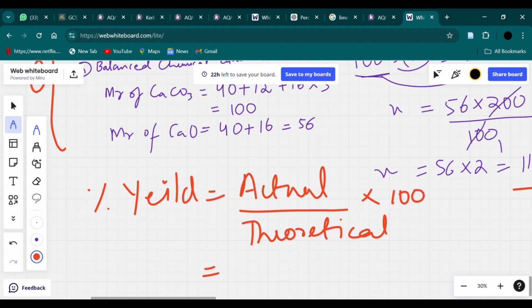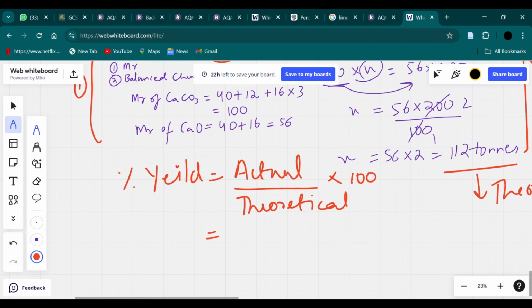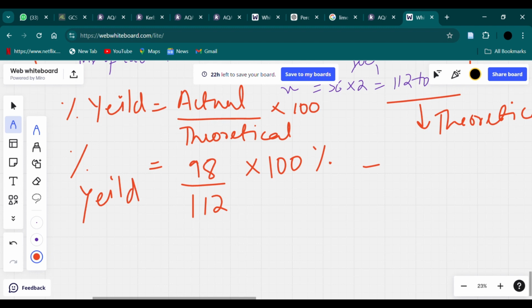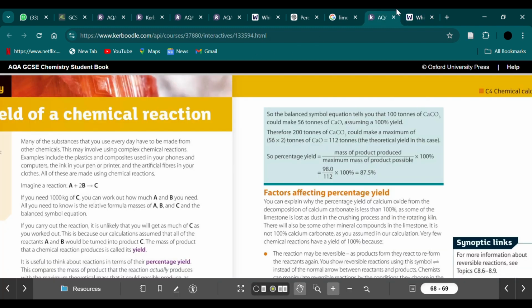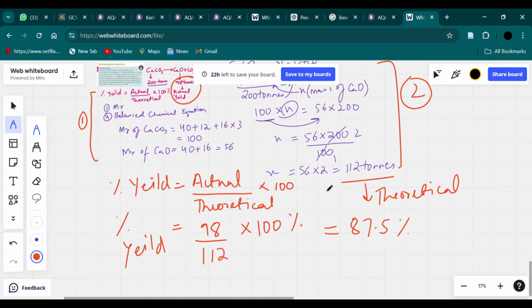So here the actual yield that has been given to you is 98 divided by theoretical yield, 112, multiplied by 100%. So you will get the answer that is 87.5%. So this is our third step of finding the percentage yield.